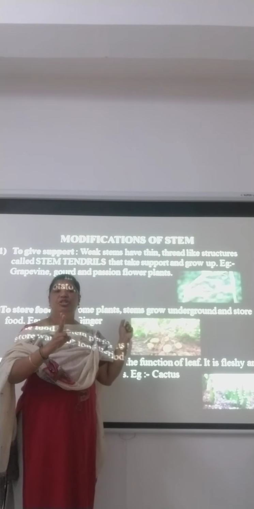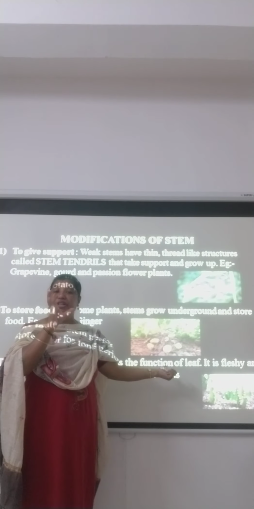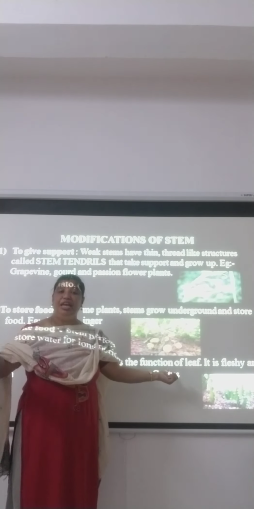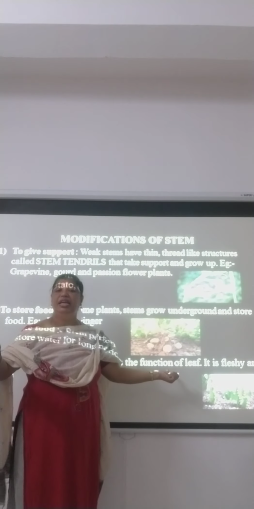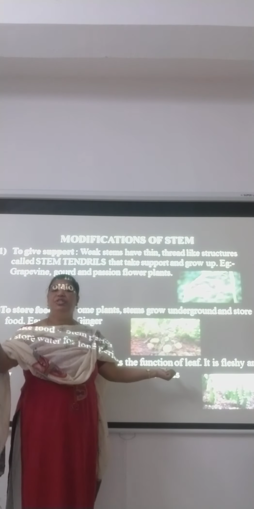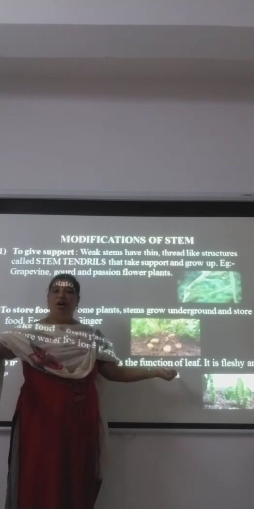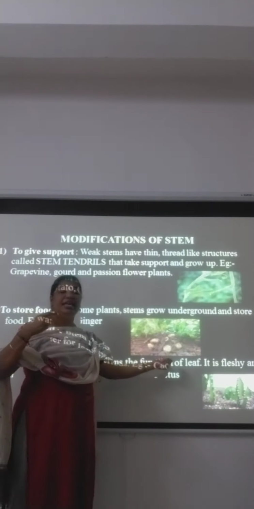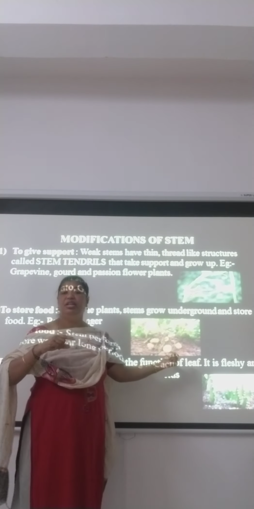The main difference, children, is that a potato will not have any roots on the vegetable, but if you take a carrot, a beetroot, or a turnip, you can see some roots hanging on the vegetable. That is a root modified plant, and this is a stem modified plant. Understood now, children? Yes.